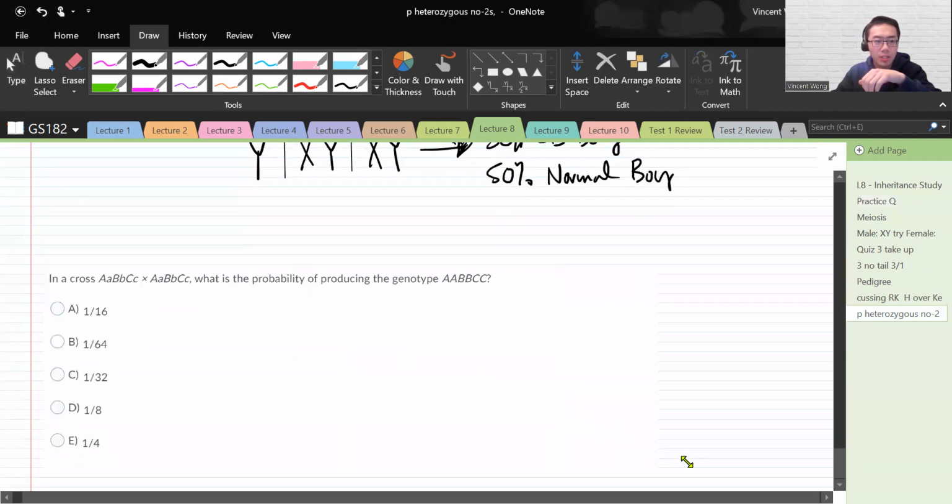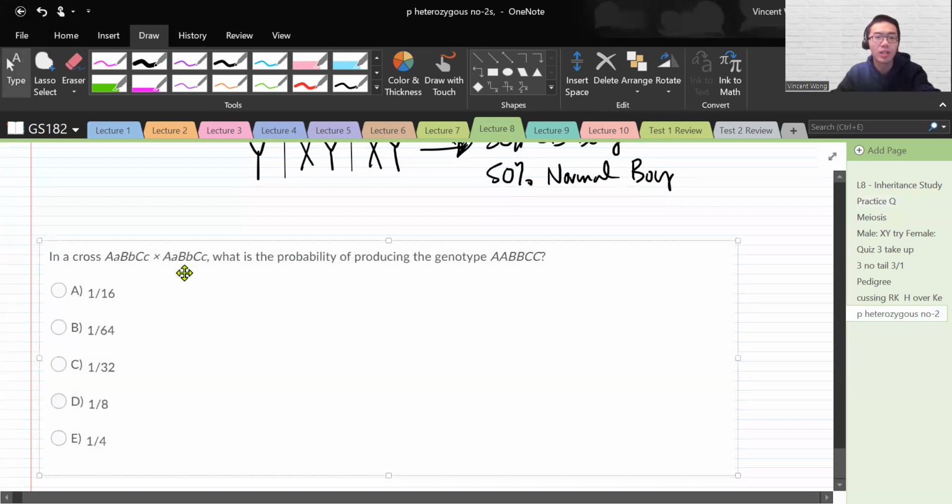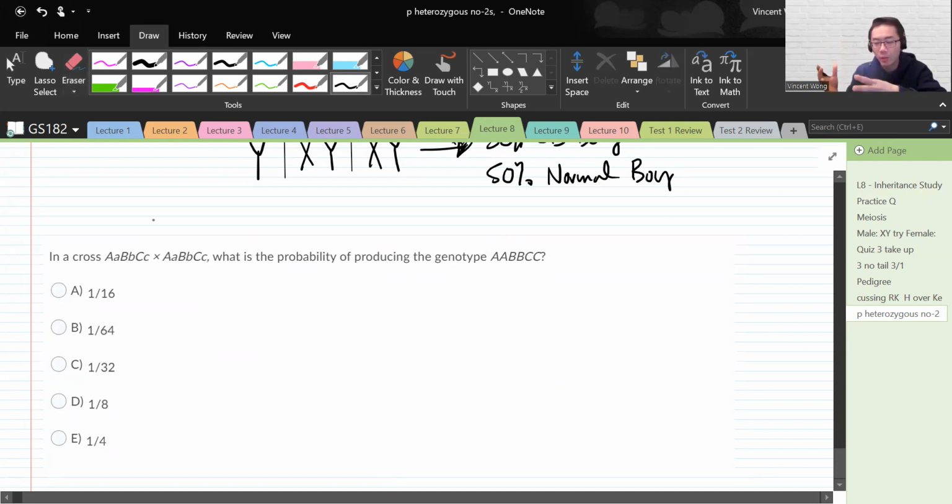In a cross, so this is like 3 genes now. What is the probability of producing the genotype big A, big A, big B, big B, big C, big C? Rather than doing a Punnett square, which is going to be 64 boxes, that's too much. We don't have to do that. We can just do it separately.